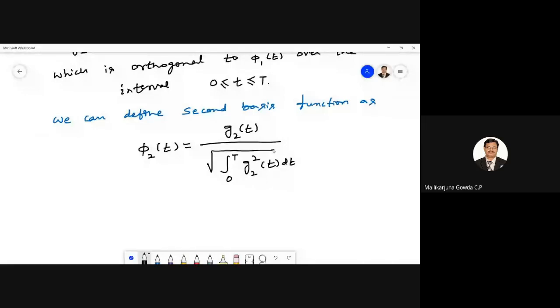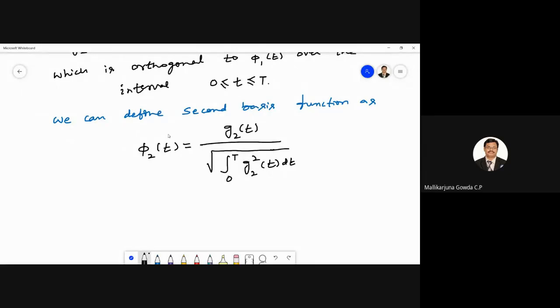Hope this point is clear. With respect to pi 1 of t, I said S1 of t divided by root of E1, where E1 is the energy of the signal S1 of t. Here I have considered the intermediate signal G2 of t, defined as S2 of t minus S21 pi 1 of t.